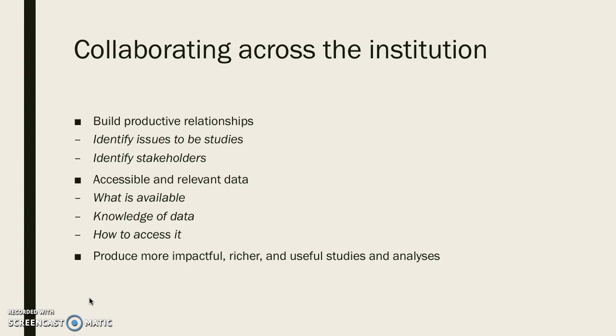If I'm running a financial report, while I can get the data from the institutional research office, I can also go to another office that can help me figure out that financial report.